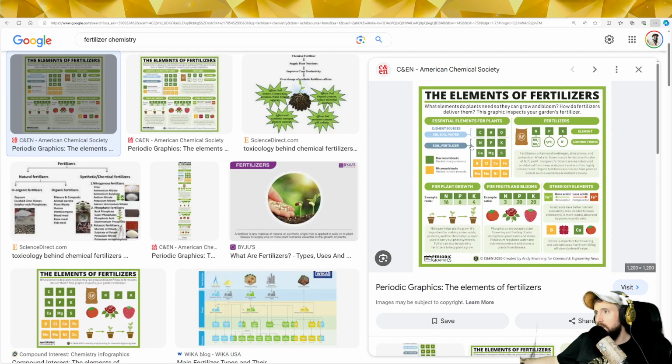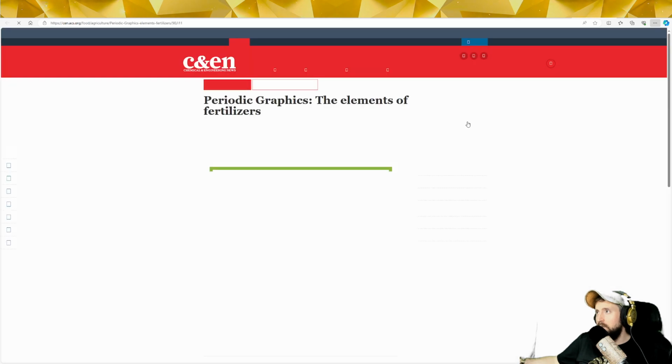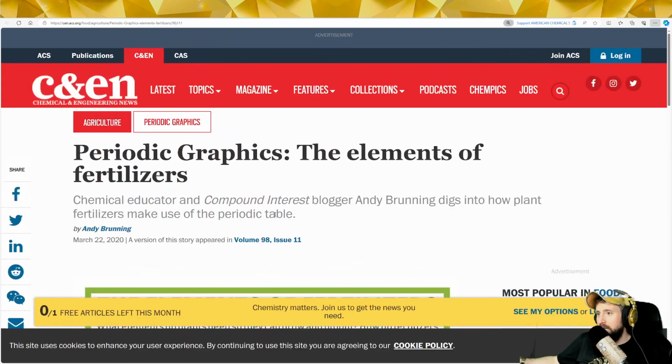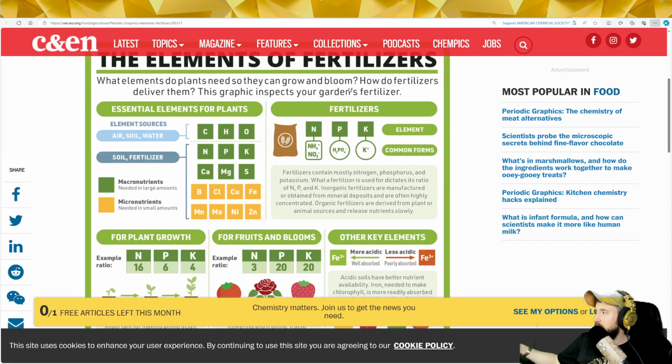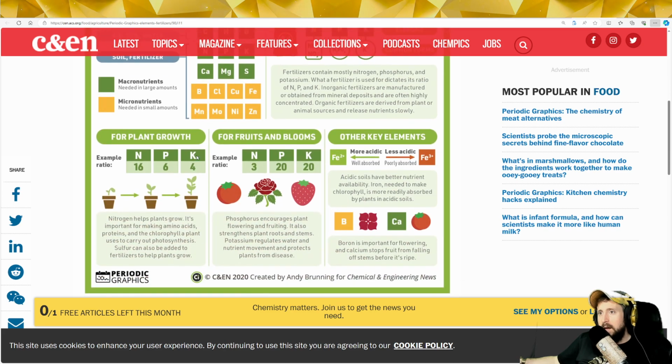They say make it fertile, like make it able to have plants growing in it. Yeah, a lot of nitrogen. That's right, phosphorus and potassium.